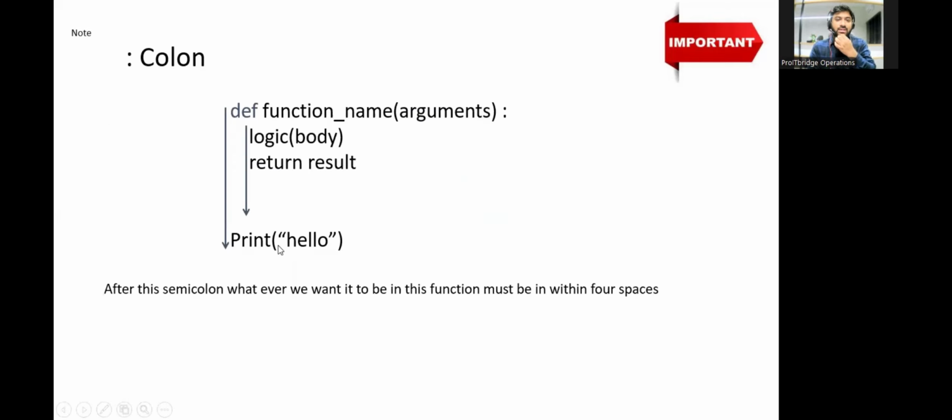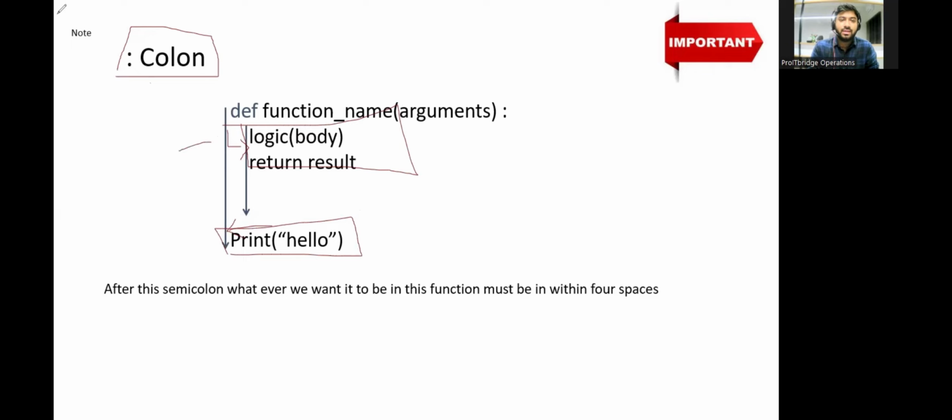Before that, one more very important thing that I have already mentioned, but I want to bring it to your attention again. When I use the colon, whatever the next line is, it is going to be after a tab space, and this is going to be the body of that particular function. If a line is moved apart from the function, it is not part of the function. It is separate code.